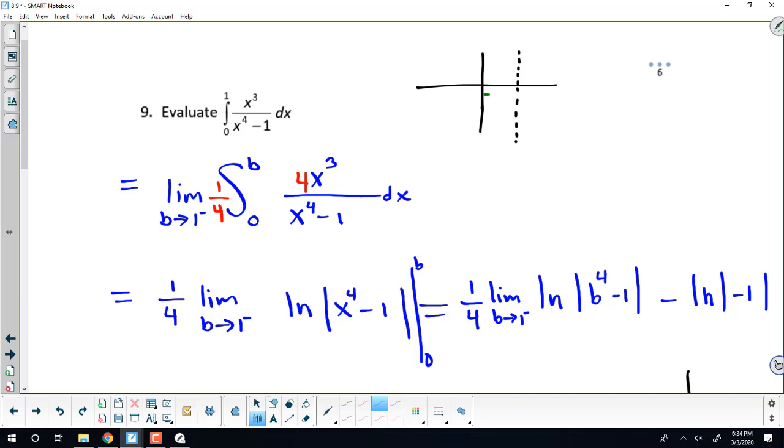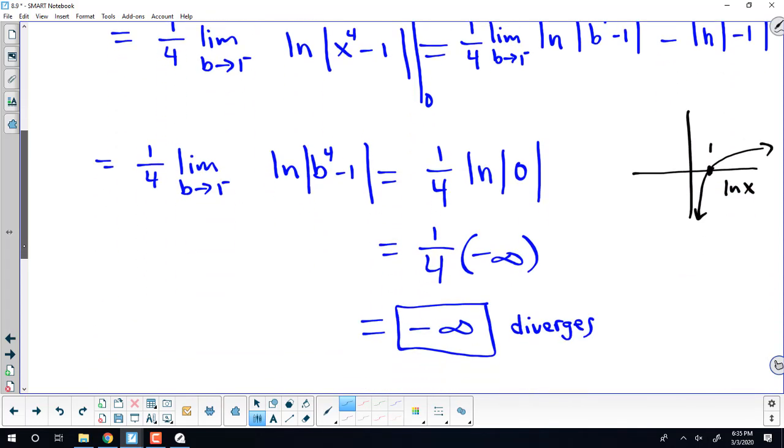I'm not sure where it's at, but we're finding this area here. All right, that's infinite based off of our work.